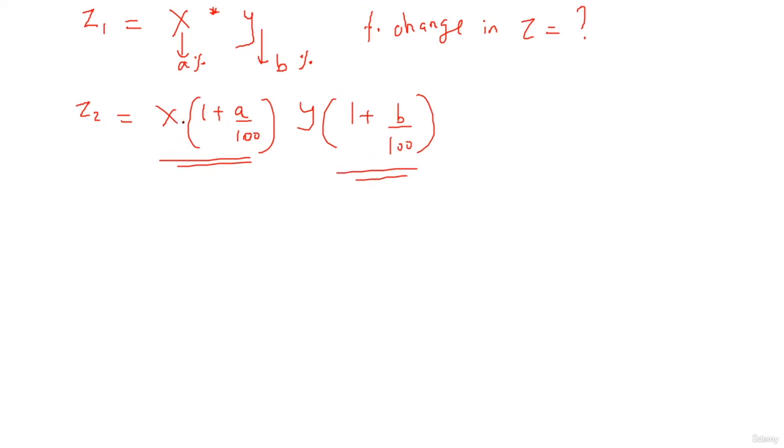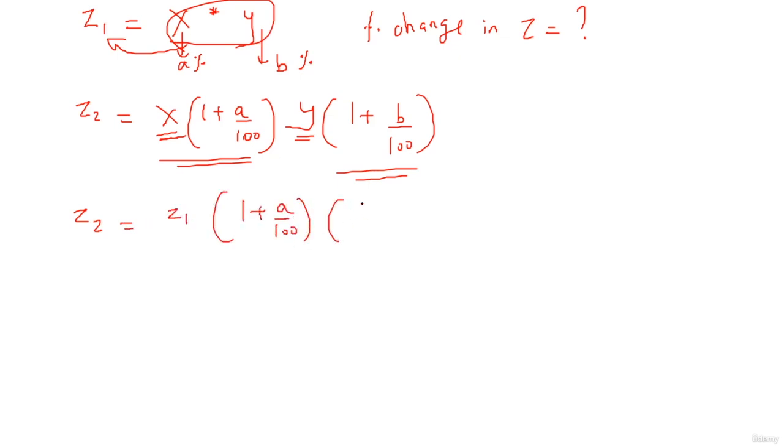You can rewrite the equation taking x and y together, but x and y together is nothing but z1 only, the initial quantity. So I can write z2 equal to z1 multiplied by 1 plus a by 100 into 1 plus b by 100.